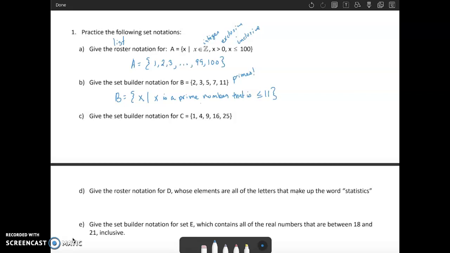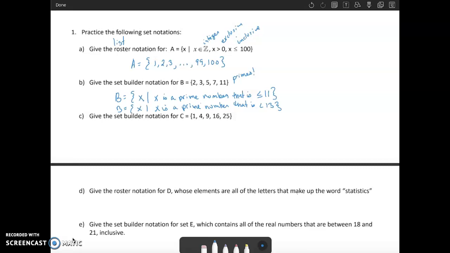But notice there are multiple ways I could describe this. I could say B is the set of x's such that x is a prime number that is, and maybe I could say less than 13. So if it's strictly less than 13, that would mean that 11 is the largest value.